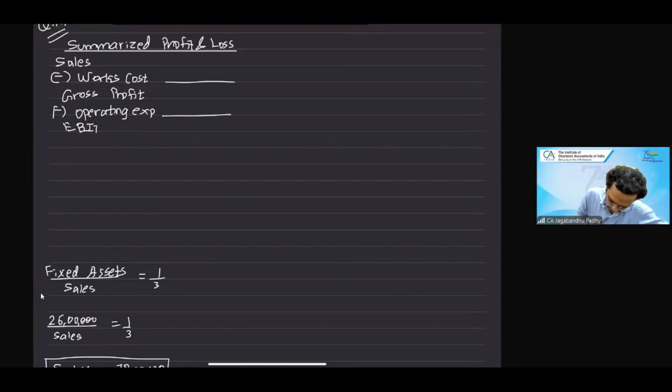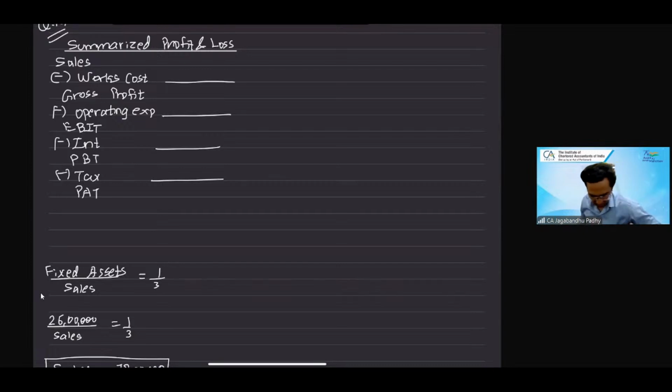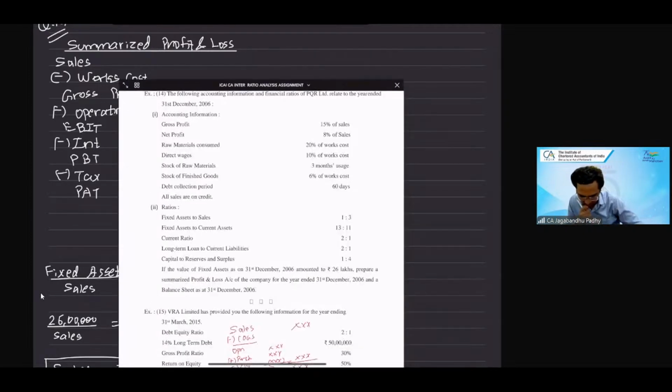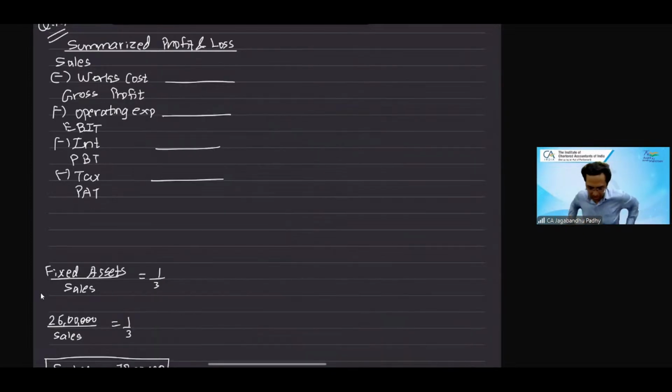That will give us EBIT. From EBIT, we are going to subtract the interest to arrive at profit before tax. And then from that we subtract the tax to get the profit after tax. Okay. This is the summarized P&L that we are looking to create.